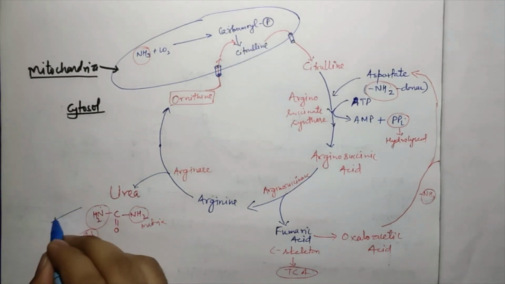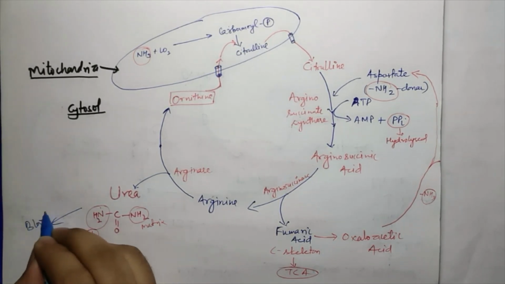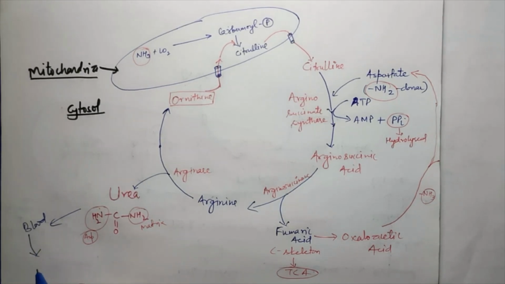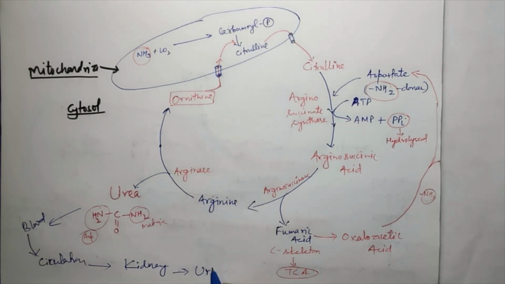Subsequently this urea is diffused into the bloodstream, and from where it enters into the main circulation, and then subsequently reaches the kidneys, where it is excreted with urine. As we all know, ammonia is highly toxic in the blood, as it can damage the brain and its functioning, and sometimes it can prove fatal.